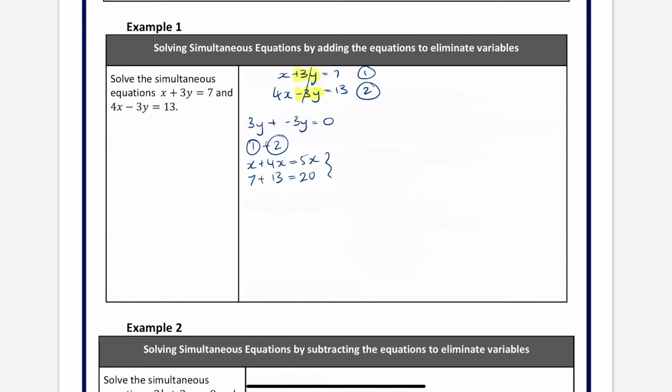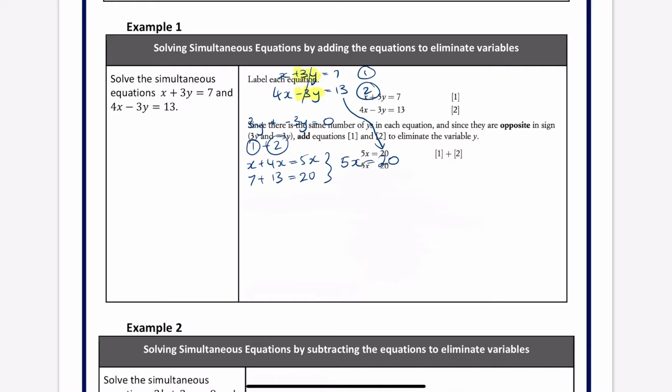So from this, we've got 5x equals 20, because these are on that side, and the x's are on this side, and the y's cancel out.